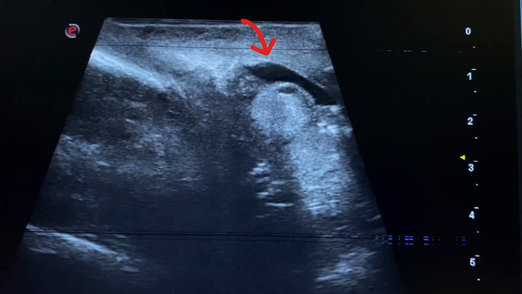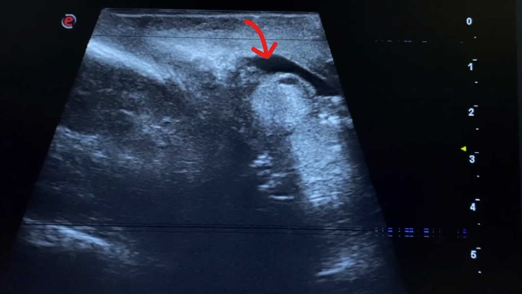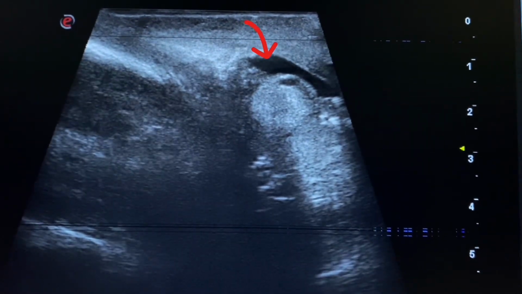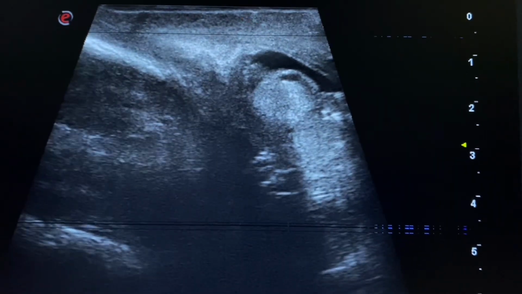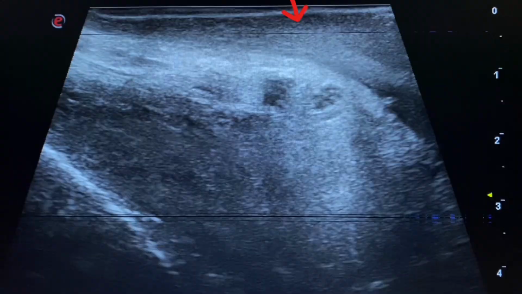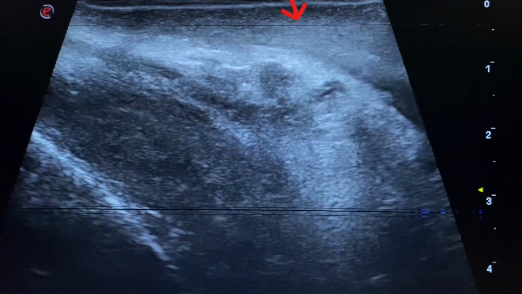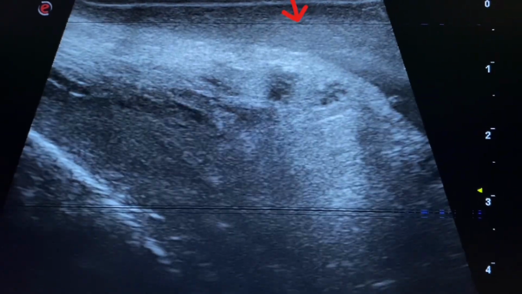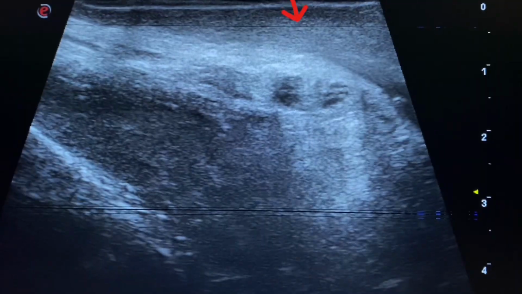Here we see free fluid around the epididymis. The scrotal skin also shows heterogeneous texture and mildly increase in size or thickened.